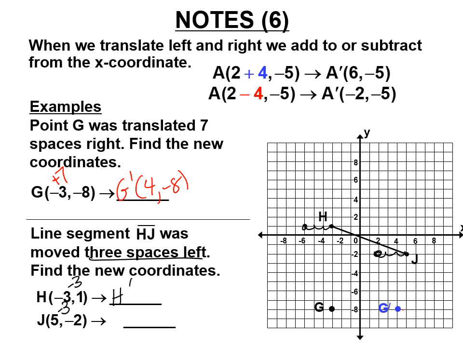H prime should therefore be at -6, 1. J prime is at 5 minus 3, 2, -2. And hopefully that's where we ended up. 2, -2, and -6, 1. We moved it 3 spaces left.